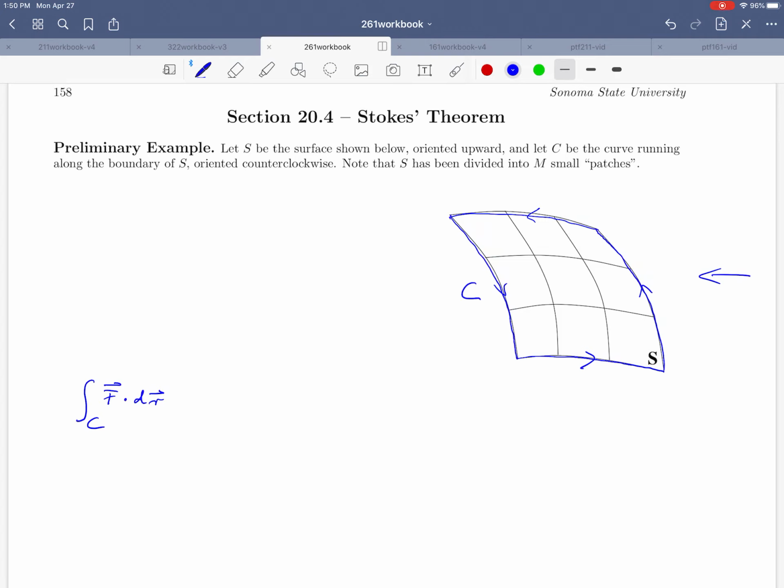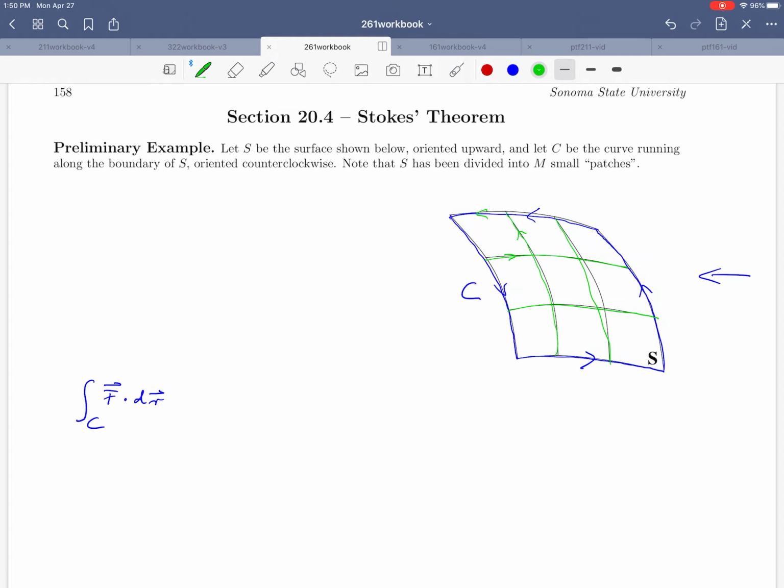Now, what we can also do is imagine you are divvying up this patch into a bunch of subpatches, and you already see it right here. So I'm going to draw in these lines in green. And imagine computing a bunch of little line integrals around each patch.